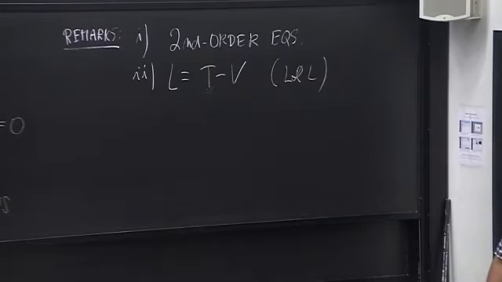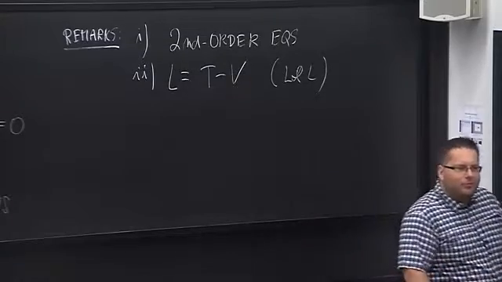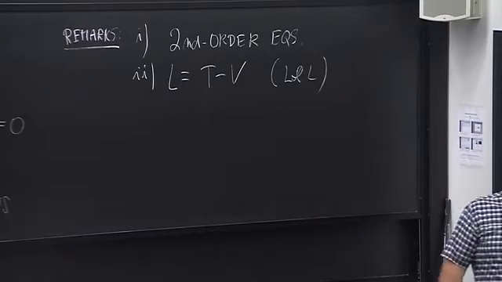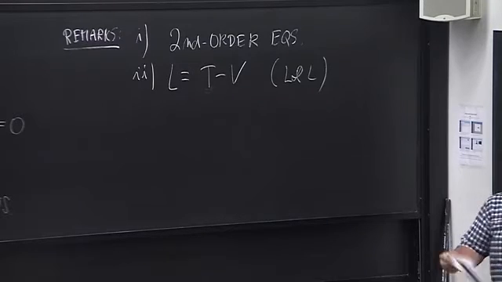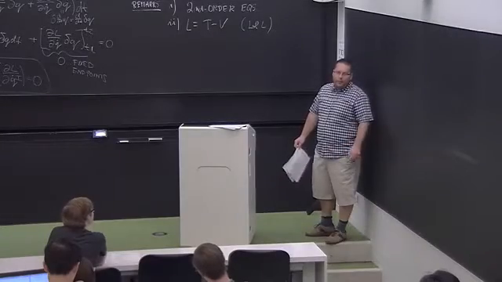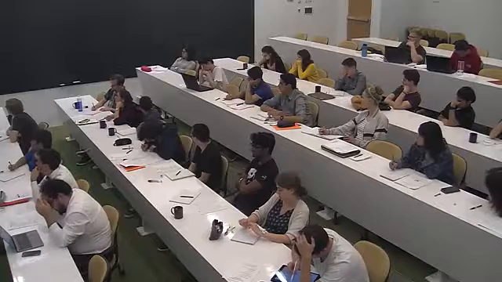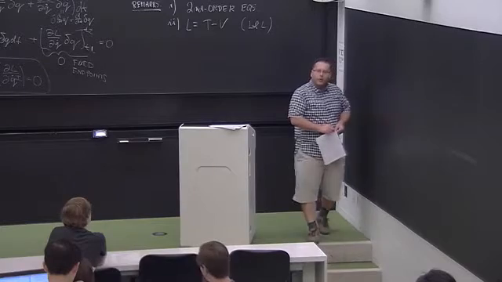Yes? Can we always construct a Lagrangian? If you have dissipation, no. Typically this works well for conservative systems where the energy is conserved. So the principle of least action is just for a certain class of systems, yes. You cannot always.